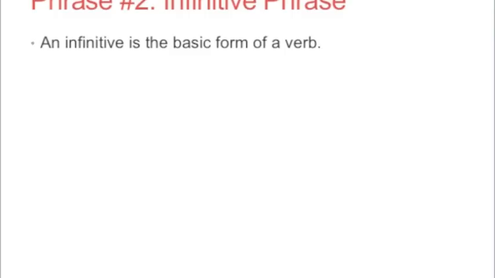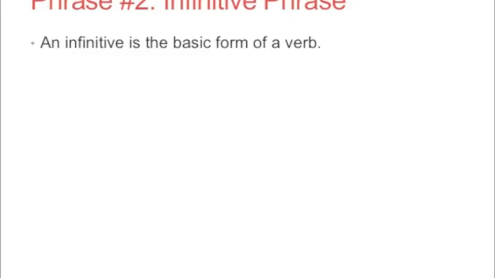The next one is an infinitive phrase. And the word infinitive is not really something we use a lot. But if you've ever taken a foreign language, especially the Romance languages as they're called, the languages based on Latin, for example, Spanish, then you should have a really good working knowledge of what an infinitive is.